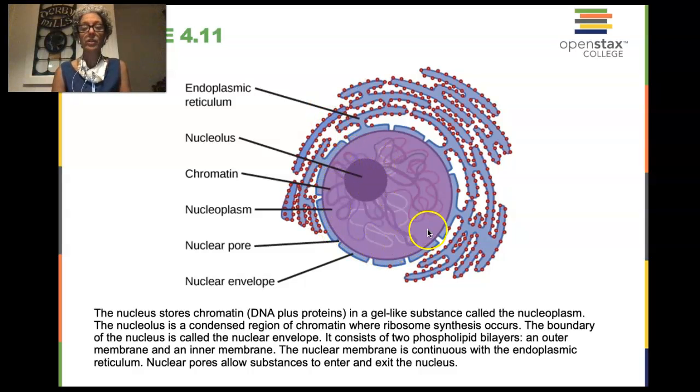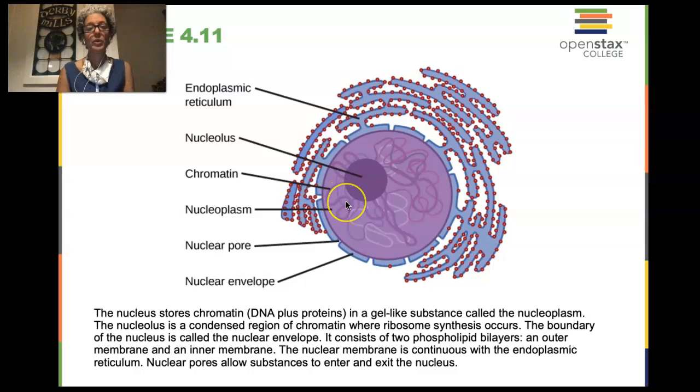The nucleus actually has two separate membranes, an inner membrane and an outer membrane. We have pores, where there is a gap in the membranes, to allow the flow of molecules into and out of the nucleus. We have the nucleolus, a region inside the nucleus, and that is where ribosomes are made.